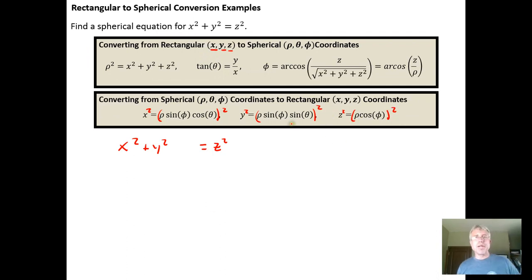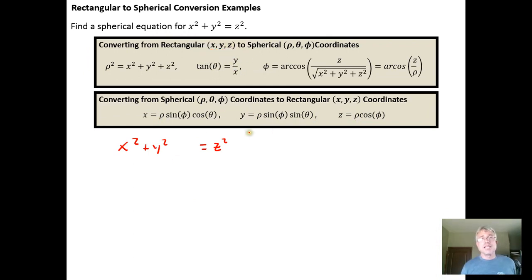That would be one way to do it, and we could go through the simplification process and I believe it turns out to be tangent squared of phi equals 1. There's another approach that I think is just a little bit easier, and you wind up with the cosine function, but the result gives you the same angle results.